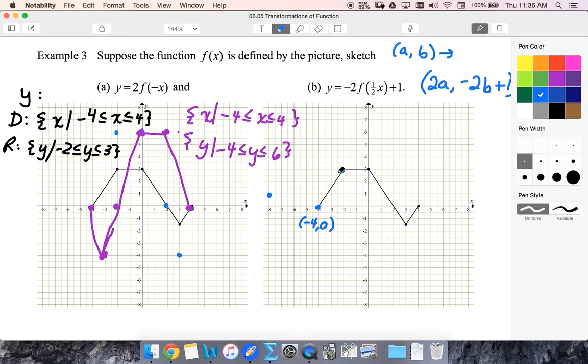So -2 times 2 is -4. -2 times 3 is -6, plus 1 is going to take me up to 5. Now I've got the point 0, 3. 2 times 0 is 0. -2 times 3 is -6. Move it up 1. So notice this horizontal line is going to stay horizontal in my new one.